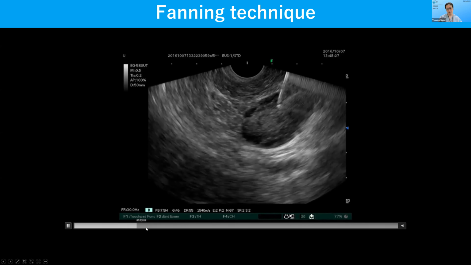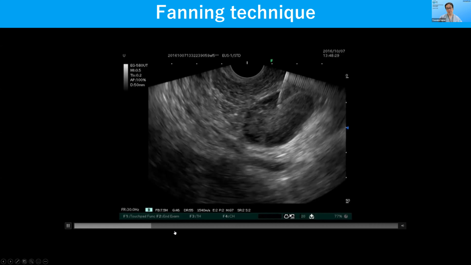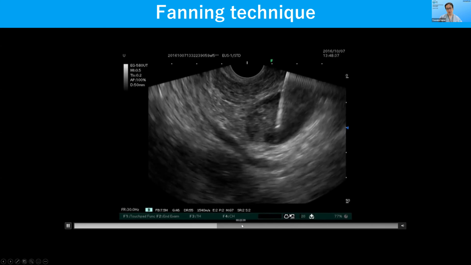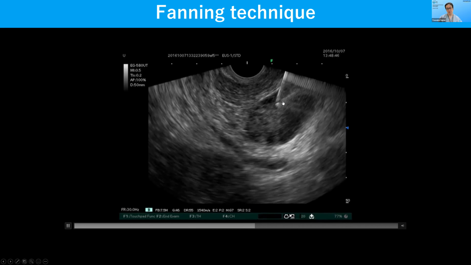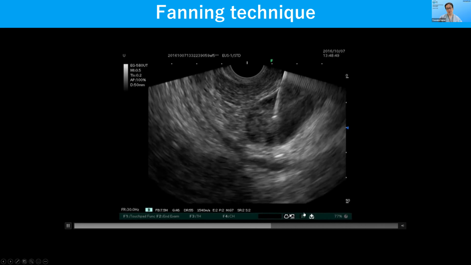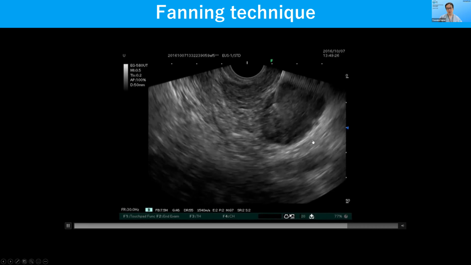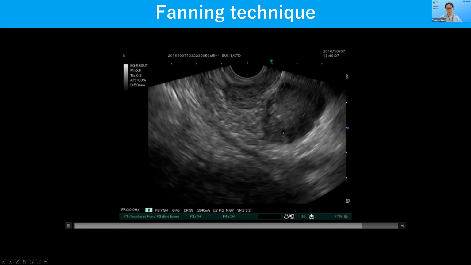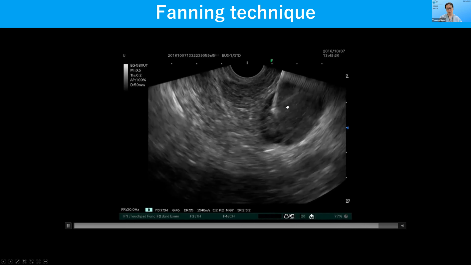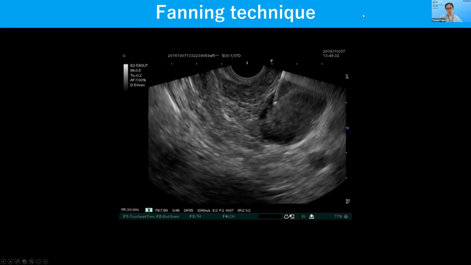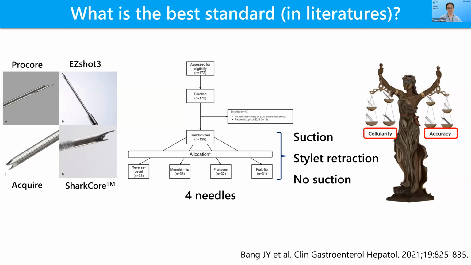And then by using the elevator or scope angle, we can change the angle to the different side, like this. So this is important because if the center is necrotic, we may want to puncture this area to get the tumor tissue. So if you can, you should perform this fanning technique every time.